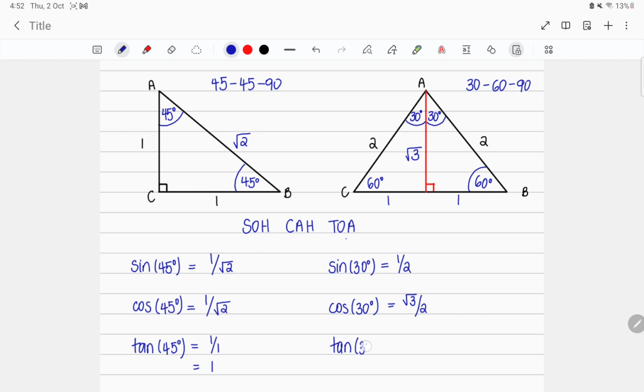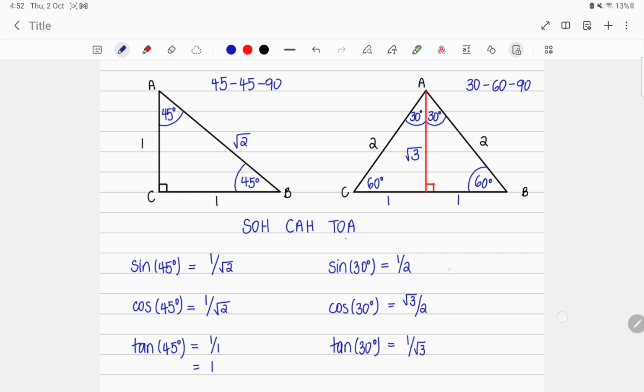And tan 30 degrees, which relates the opposite and the adjacent, the side opposite the 30 degree angle is again 1 unit, and the side adjacent is root 3. So it means that tan 30 is just 1 over the square root of 3.